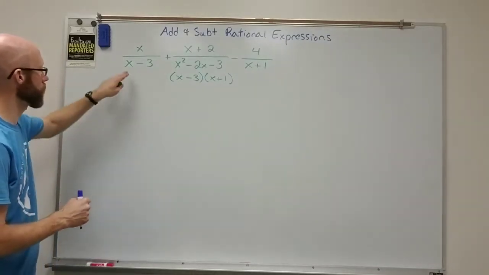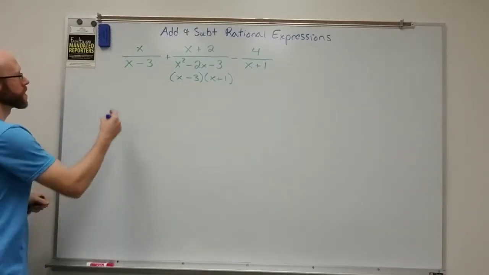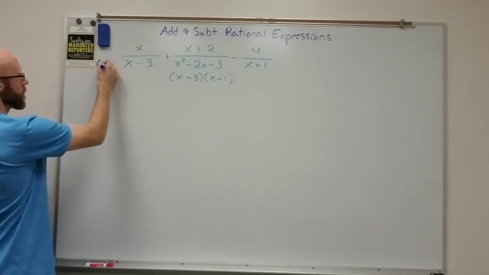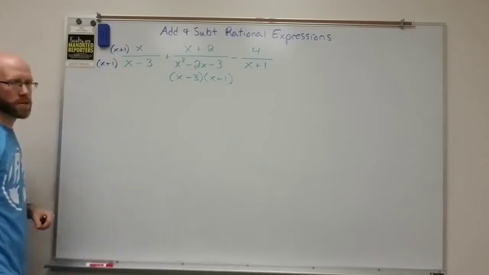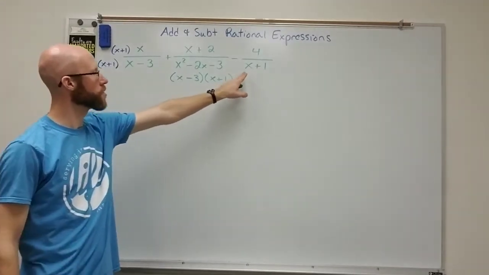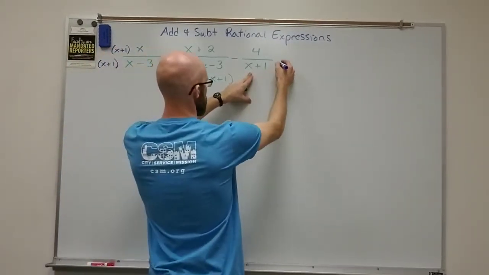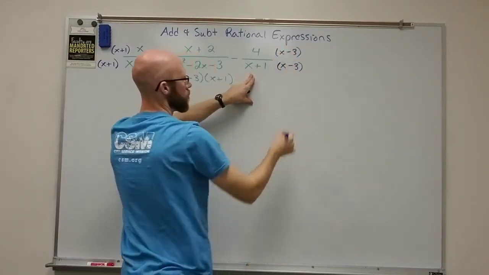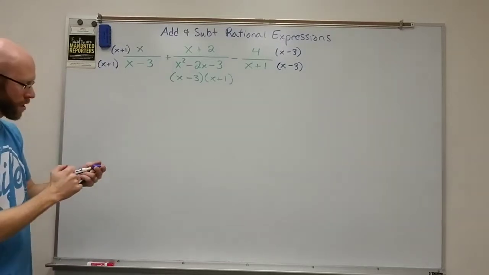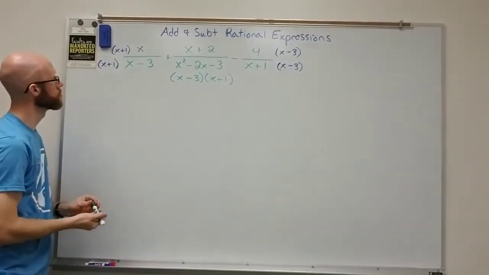So the first fraction is missing the x plus 1, so I'm going to multiply top and bottom by x plus 1. The third fraction is missing x minus 3, so I'm going to multiply that to both the top and the bottom. And then we distribute.